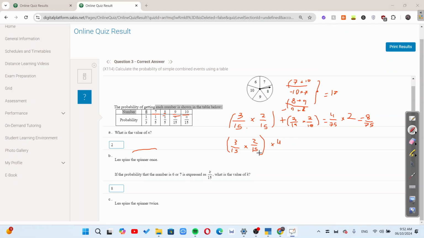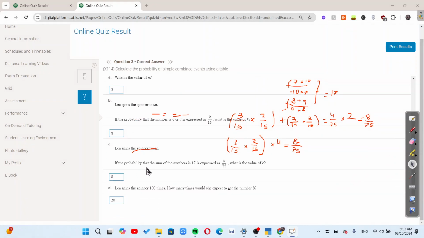If you understand why I'm doing this, do it in the exam. If you do not understand why I'm doing this, just stick with this way. It's safer. It's going to help you in all cases. So then you'll get the same answer, which is 8 over 75. And that is our answer.